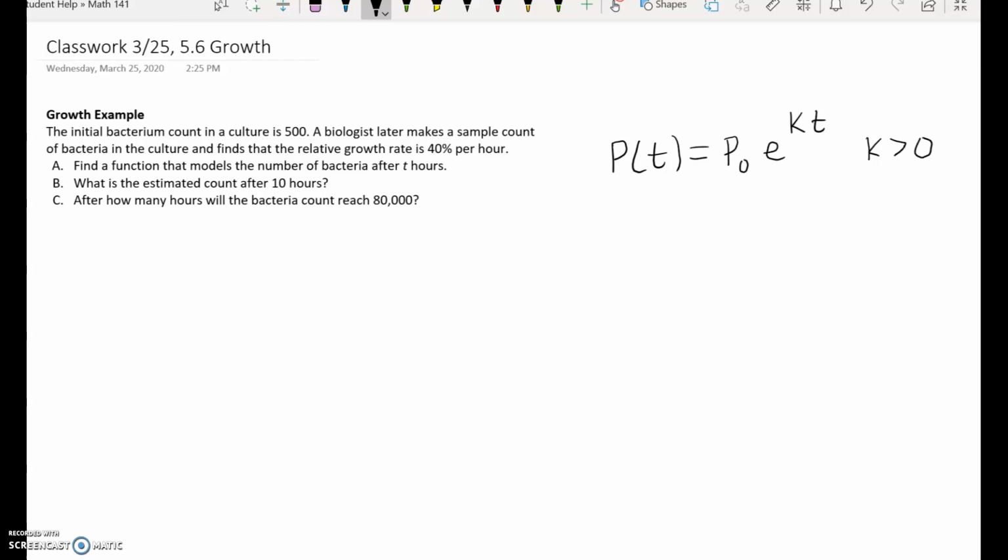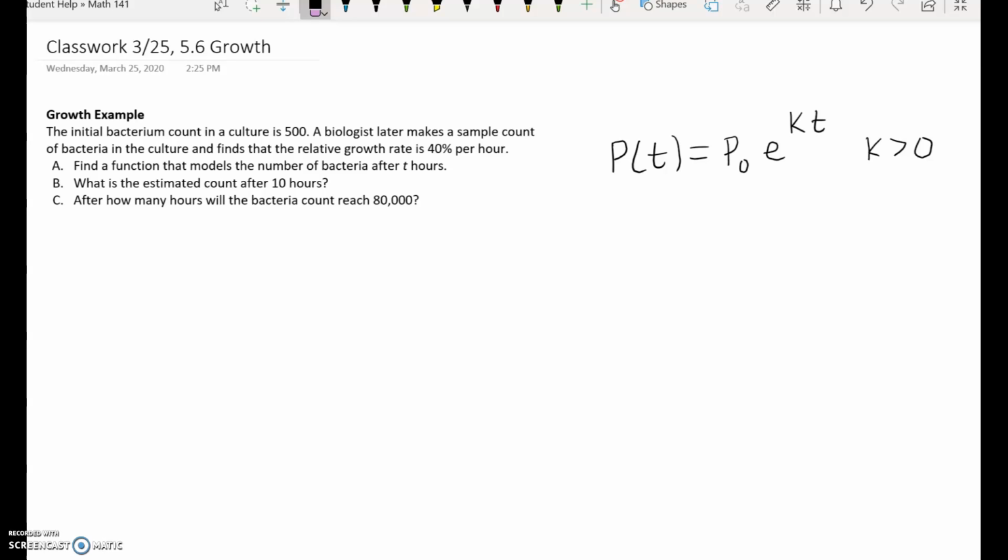So p naught, or p sub 0, is our starting amount. K is the rate of growth, and t is the time. And then p of t is how much of the item that we end up with. You should see that all in the slides. So this is the general formula that we're going to use.